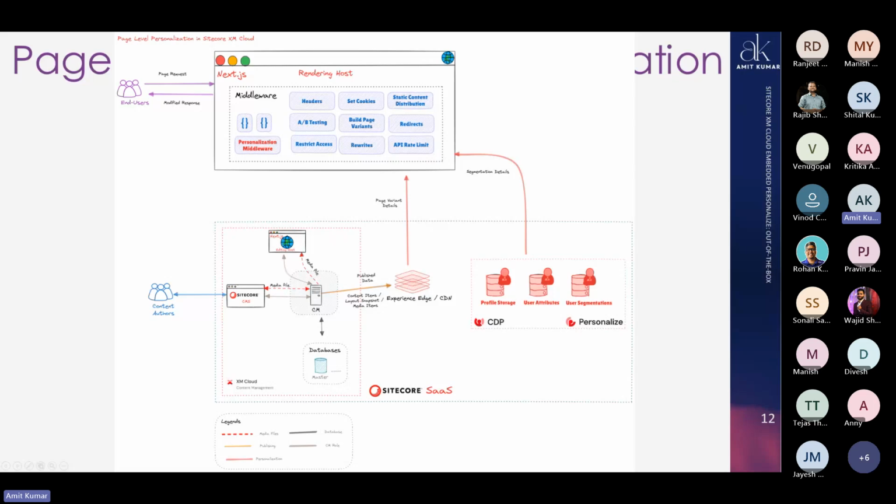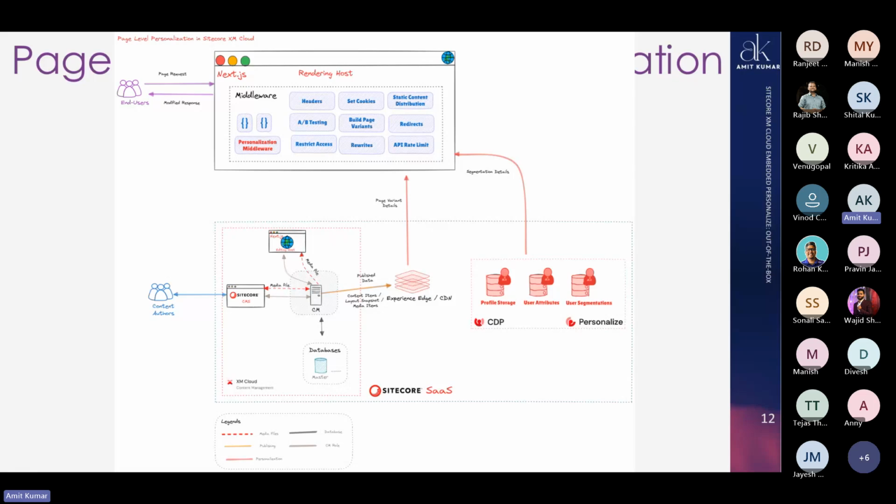The work of this middleware is to make a call to your embedded personalization, or you can say the CDP and Personalize, to find out who this user is and what type of rules need to be applied if conditions are met. So for example, if I am the user and I am hitting the Next.js application, the page will be loading, and an HTTP request to the Next.js application, like this rendering host, is happening.